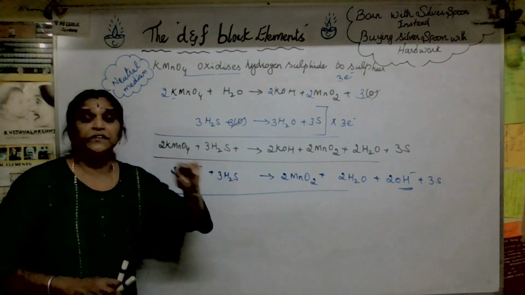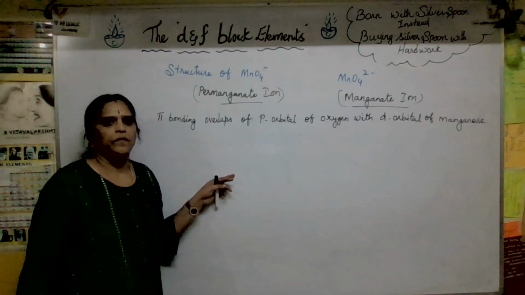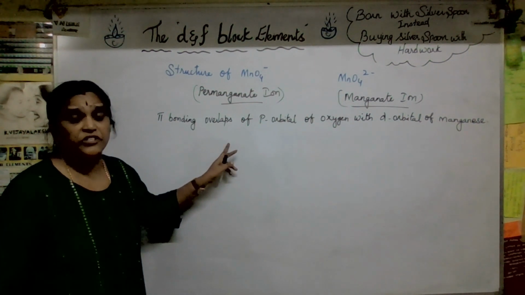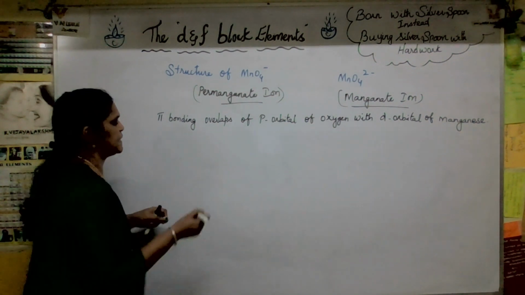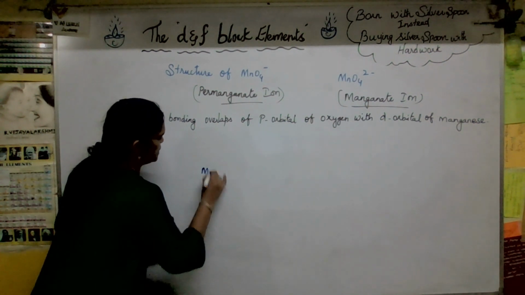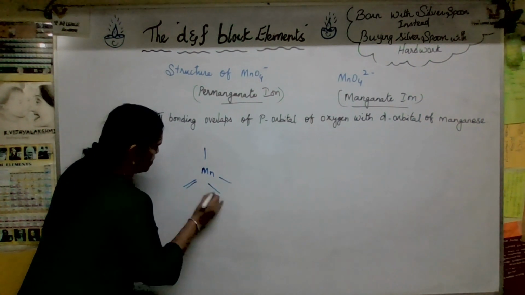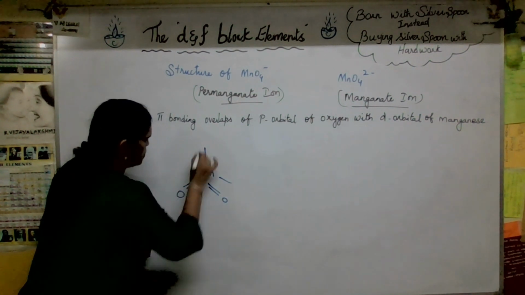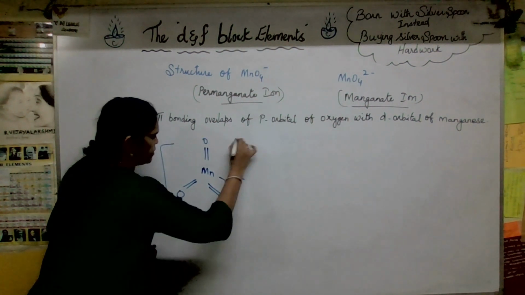Okay, now we are going to see the structure of MnO4. Tetrahedral shape: oxygen atoms are tetrahedrally around that manganese. So this is manganese, here a double bond and here O minus. So this is the tetrahedral shape.